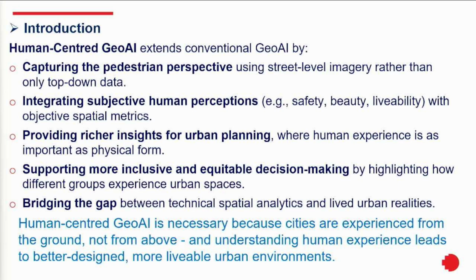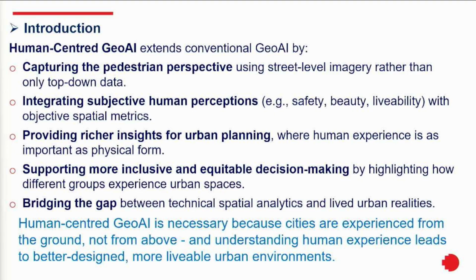In addition to Google Street View, I'm not sure how many of you have heard about Mapillary. It's an open source platform with a lot of street level imagery uploaded by volunteers. This kind of imagery captures the pedestrian perspective rather than top-down data.